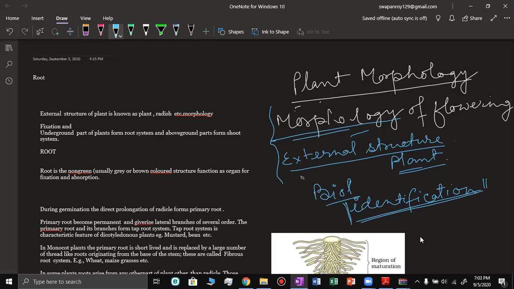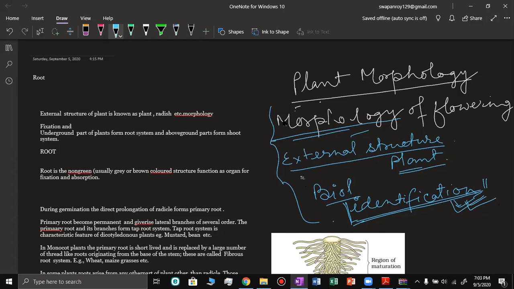For that, initially we have to see and identify the external structure. We all identify and recognize each other by seeing the morphology, right? So this is a very, very important topic, though of course it is easy.